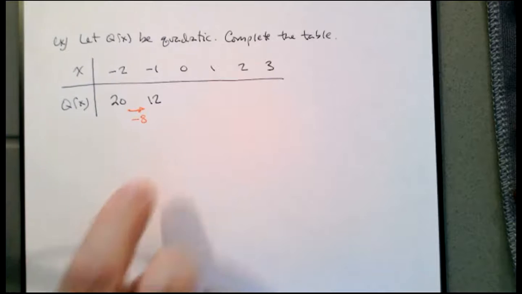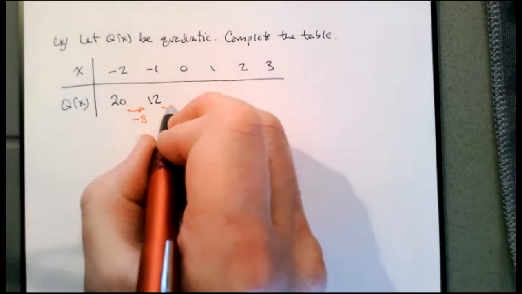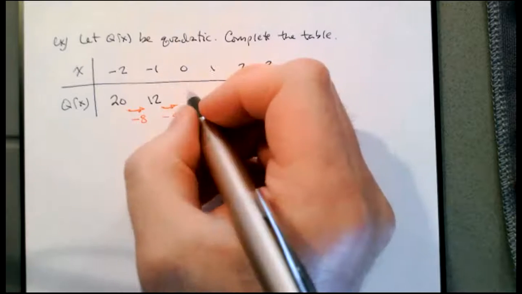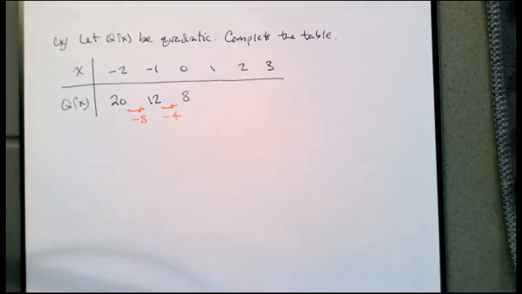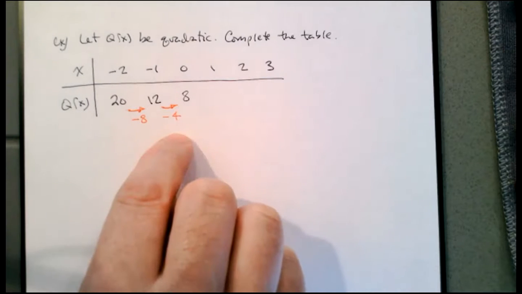Let's suppose that instead of subtracting 8 again, the next amount that we subtract is 4. So 12 minus 4 is 8. Now what we can see is that we went from subtracting 8 to subtracting 4.